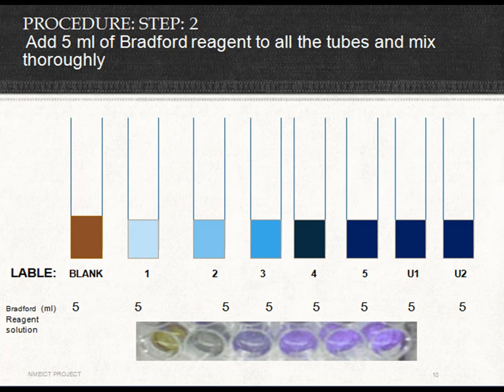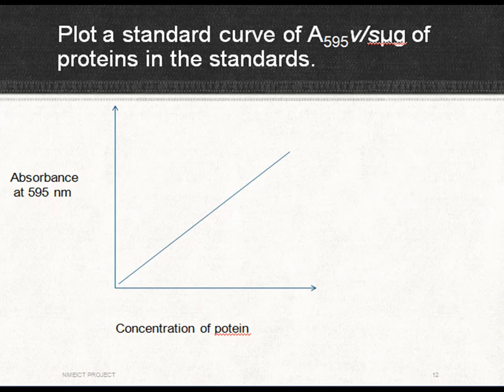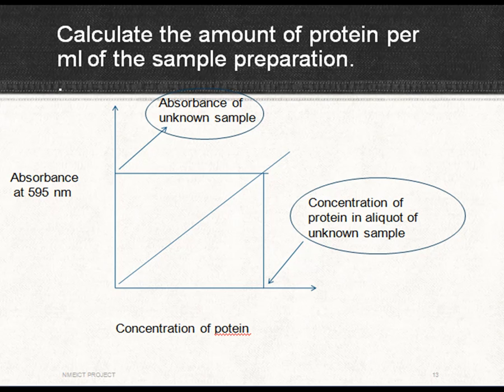After getting the absorptions from every tube, then plot the standard curve. On one side keep the absorption and on the other side the concentration of protein. You will get a straight line. From this standard curve, you can estimate the amount of protein in the unknown sample.